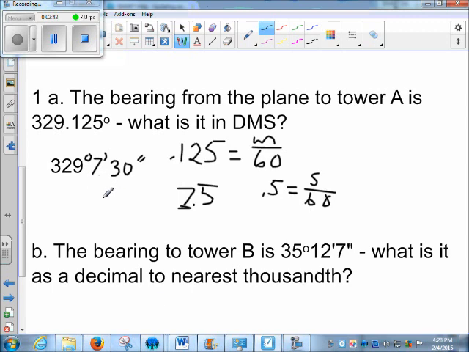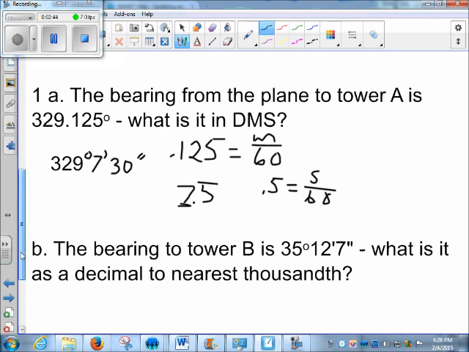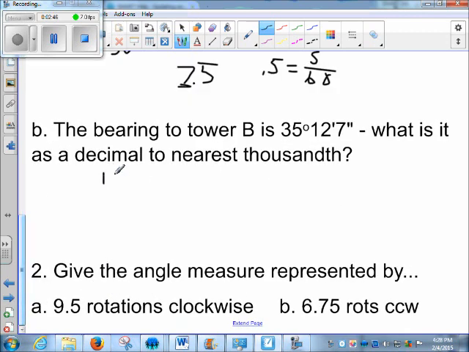Going back the other way, if you have minutes and seconds, and you want decimals, you put the minutes over 60, you put the seconds over 60 squared, or 3600, and then you plug that into the calculator. In this case, it comes out to be 0.2019444444. We're going to round to 0.202.